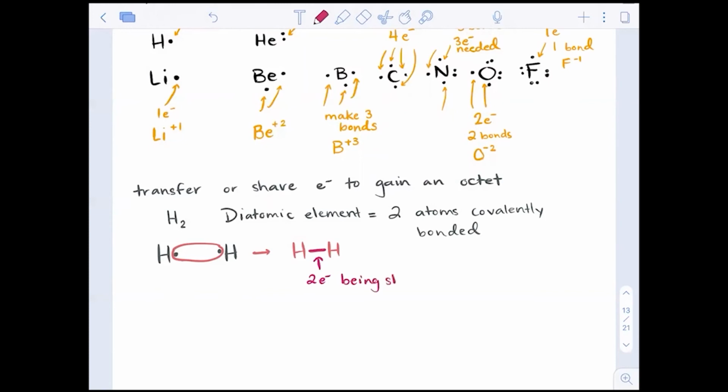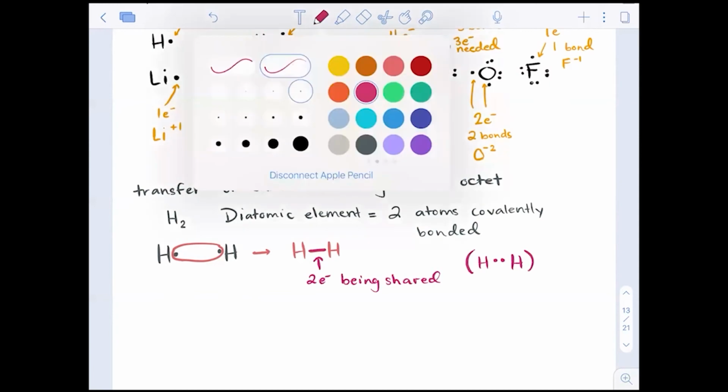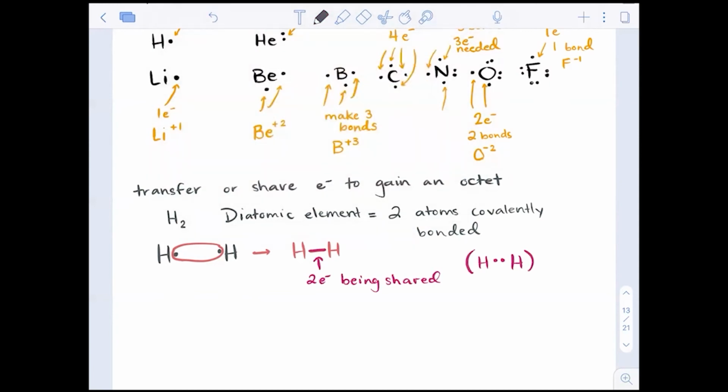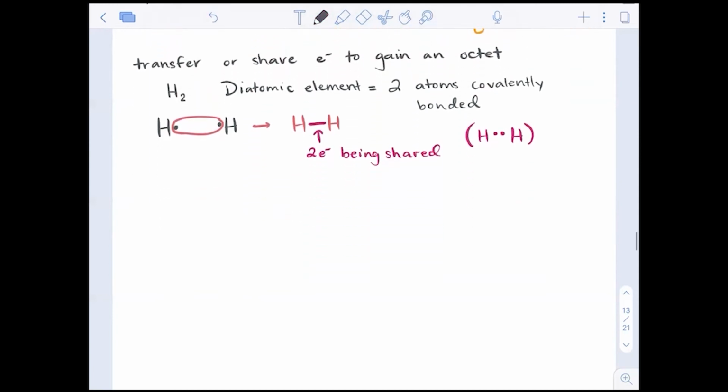What that does for hydrogen is it creates a duet for each of them. We can also think about writing it this way, with the 2 dots in the middle. Notice for a covalent bond that the bond is physical, it's direct. For an ionic bond, we talked about the lattice. Let's just look at another one.